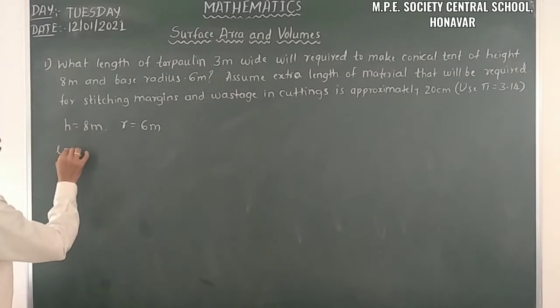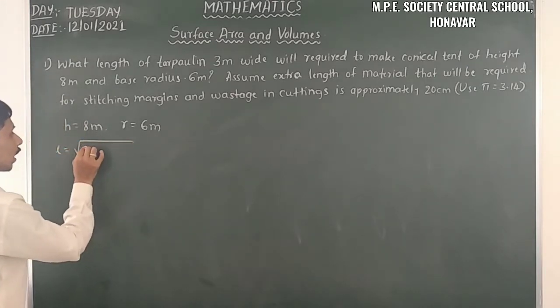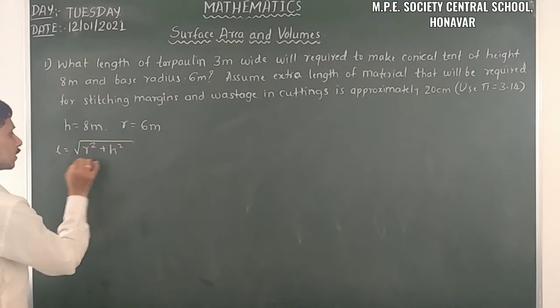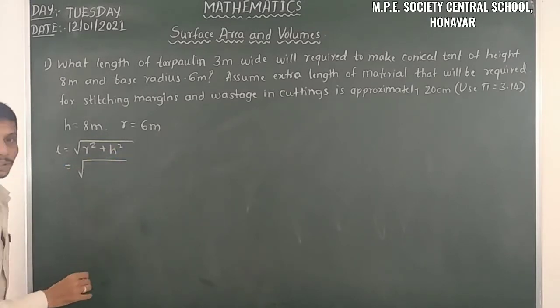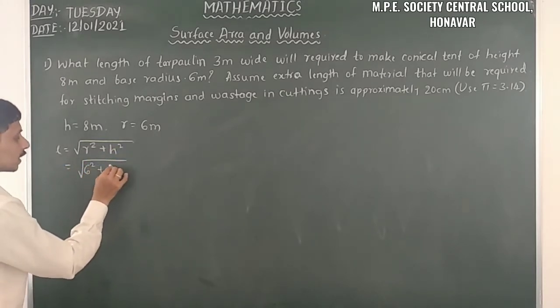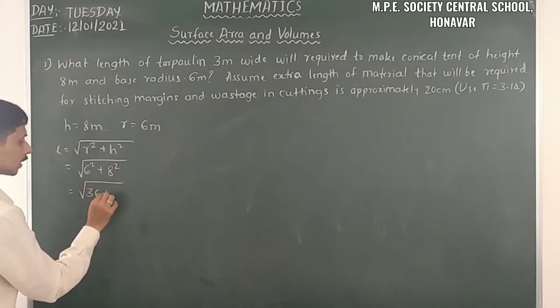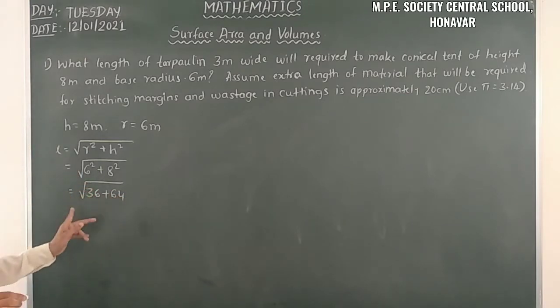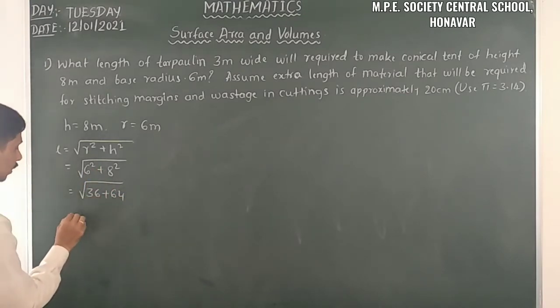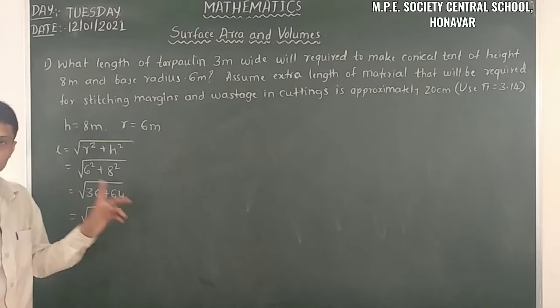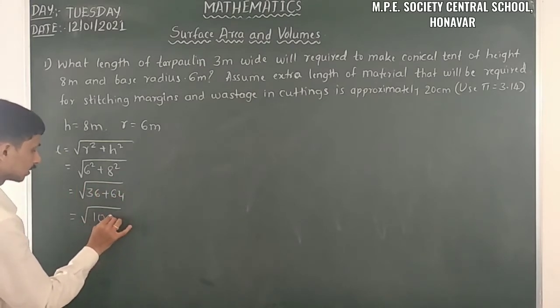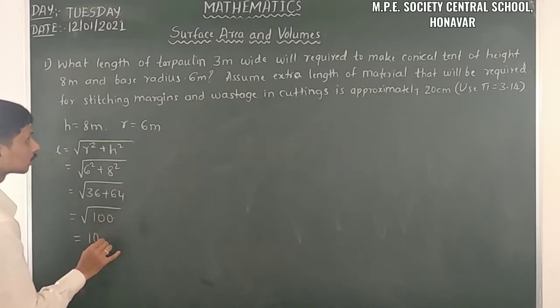So L is equal to square root of r square plus h square, is equal to square root of 6 square plus 8 square, is equal to square root of 36 plus 64. 6 square is 36, 8 square is 64. So 36 plus 64 is 100, square root is 10 meter.